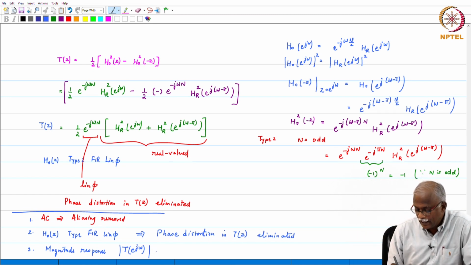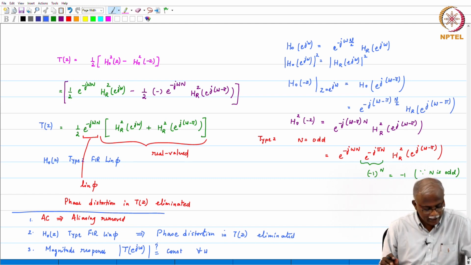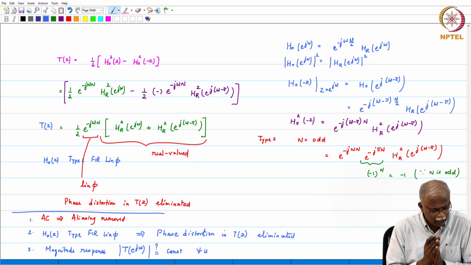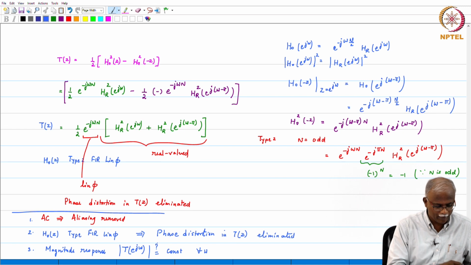So this is equal to a constant for all values of omega, and we will put a question mark. How close can we satisfy this condition? That is what we are going to be looking at and trying to understand and then try to implement.